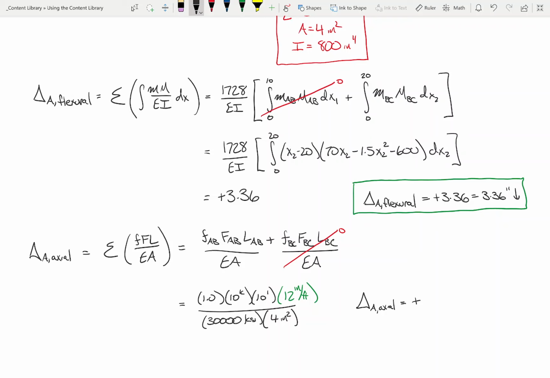And so a 12 on top, 12 on bottom should be like a 0.1 or something. 1,200 over 120,000. So is that 0.01? You're shaking your head.